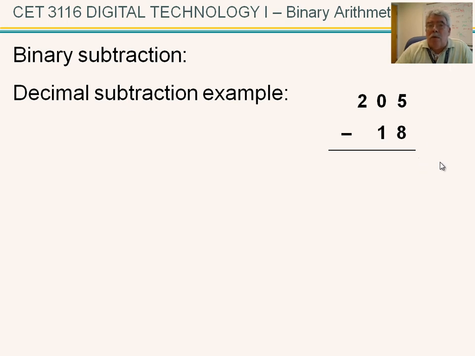Borrow means that I have to go to the next column to the left and tell it, I need one of your units that, when you pass it to me, converts into 10 of my units, so that I'm able to subtract 8 from me. And that's what happens.